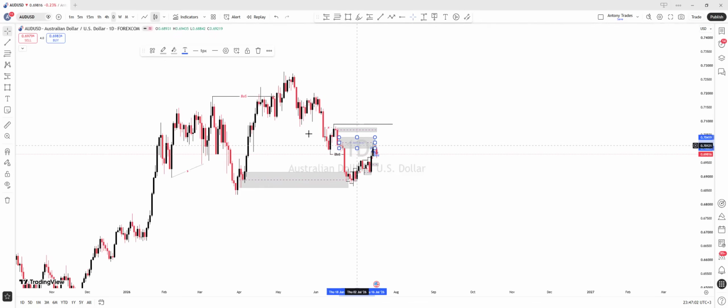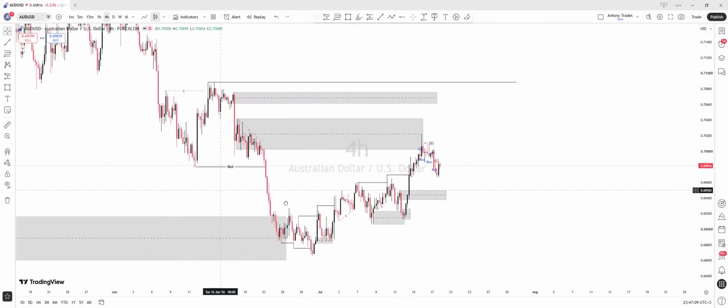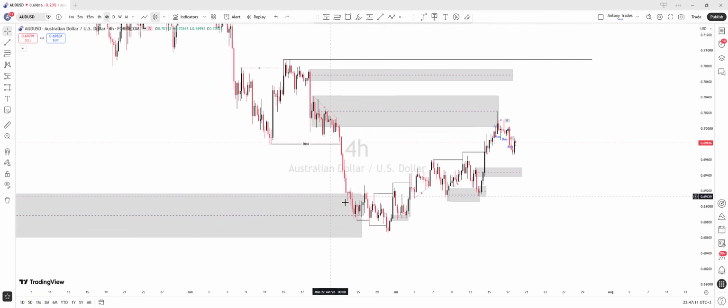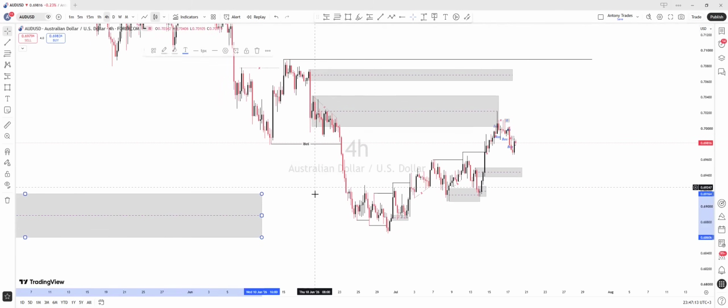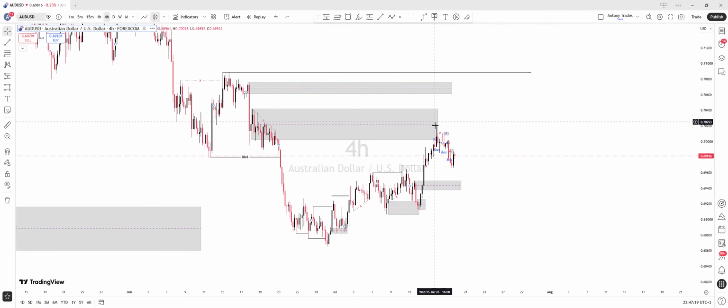All right, so let's go down to the lower time frame now. From the 4 hour time frame, whatever seems to be internal on the daily time frame becomes a swing on the 4 hour time frame. So you see, this is the last break of structure to the downside. We are seeing the market currently reacting from this order block from the daily time frame.